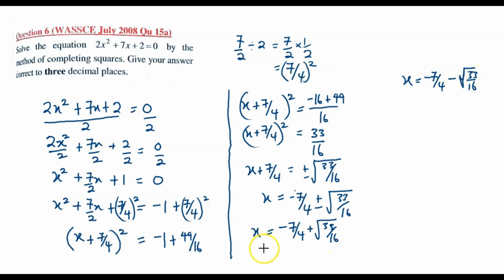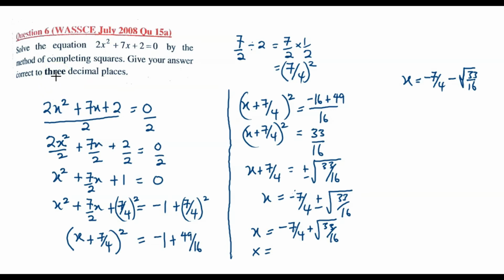So in simplifying the first solution, you can program the whole of the information there into the calculator and get your answer, because we have been asked to leave the solution to 3 decimal places.